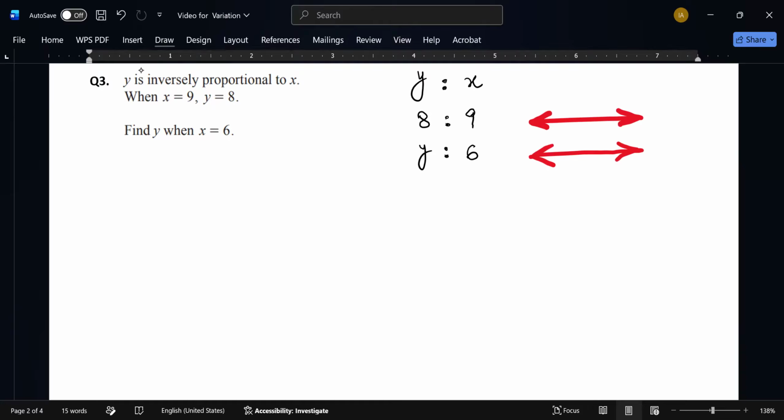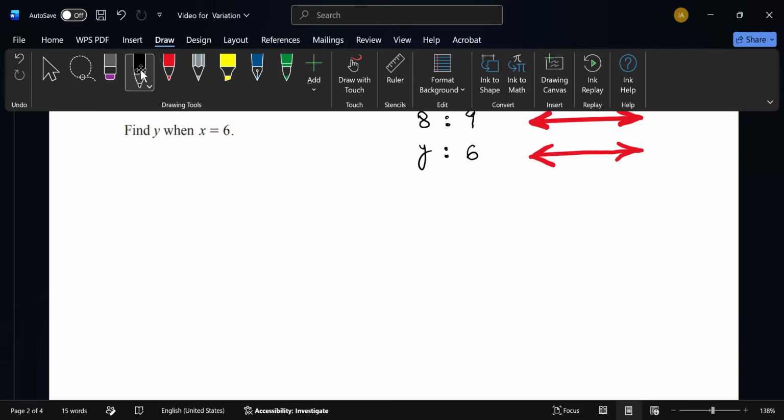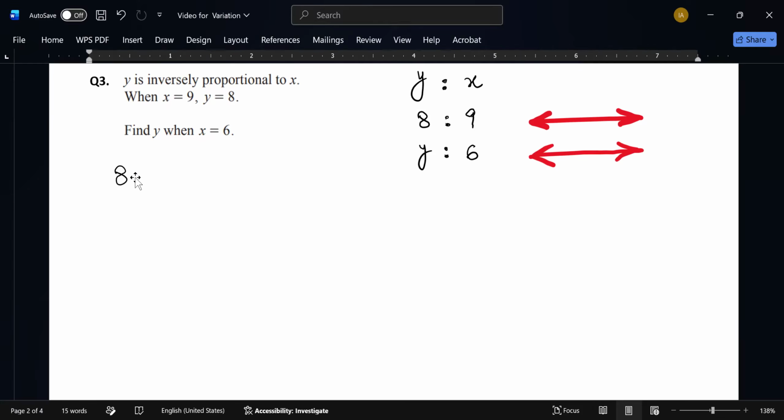Therefore, 8 times 9 is equal to y times 6. So 8 times 9 divided by 6 will be y.